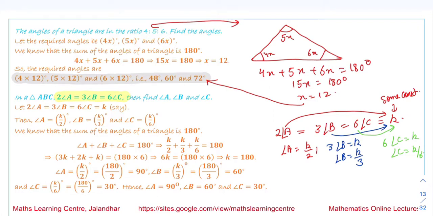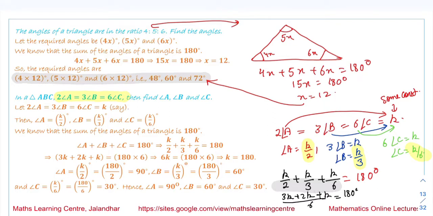From the property of the triangle, the sum of these three angles is 180 degrees. So K by 2, K by 3 and K by 6, the sum of the three angles, is equal to 180 degrees. Taking 6 as the LCM, we get 3K plus 2K plus K over 6 is equal to 180 degrees.